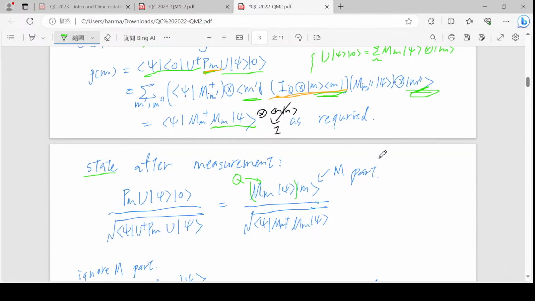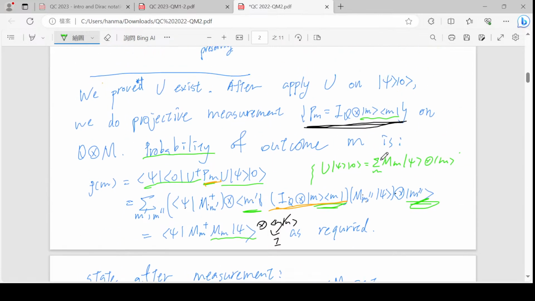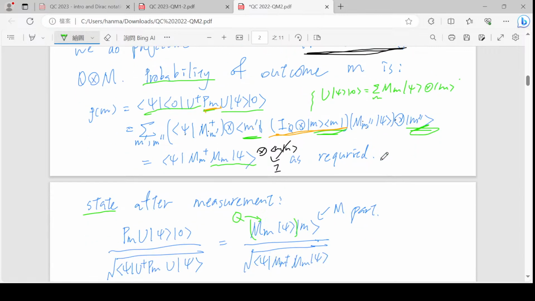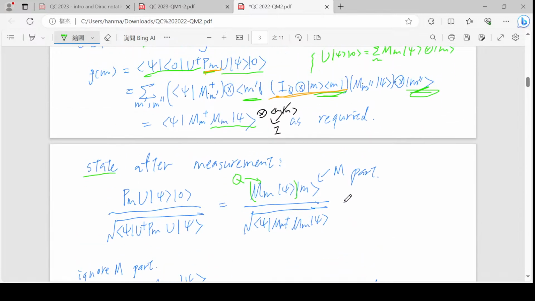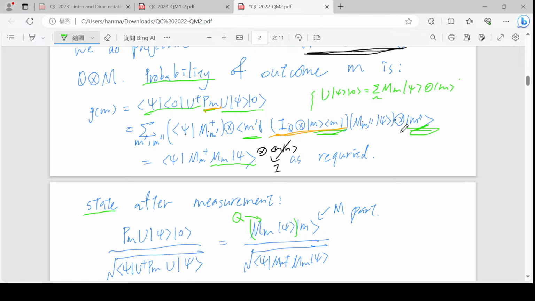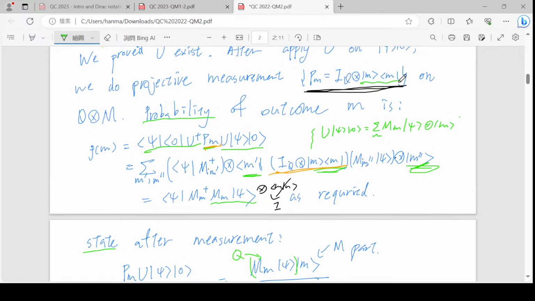And what about the post-measurement state? The post-measurement state is your operator on your state. So you put this thing on this thing, and once again, sorry, I guess we are skipping steps. But anyway, you put this thing on this thing, then you see there is an inner product of m and some m prime here.